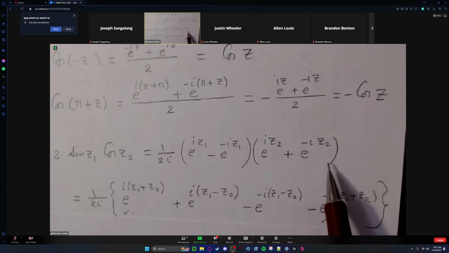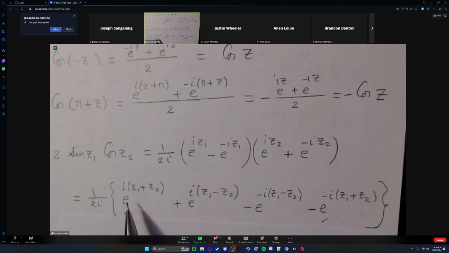All right, you go through the multiplication, you get these 4 terms. Well, I am going to sort of classify based on the exponent. Here I have z1 plus z2.